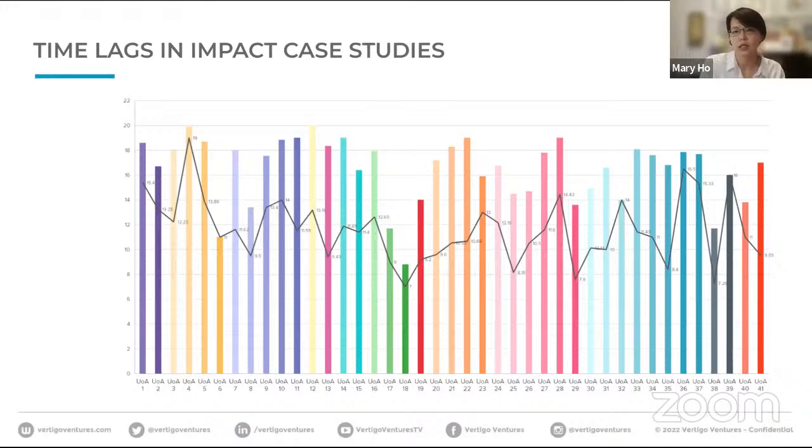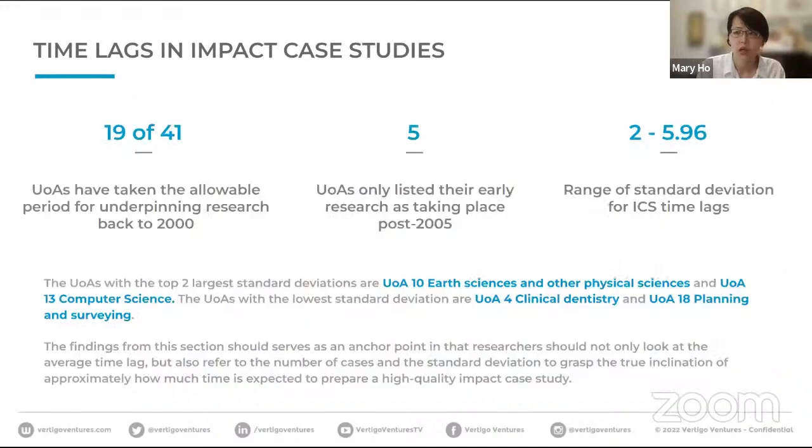Now, this basically indicates that academics in these disciplines or UOAs can expect to need at least 15 years to develop impact case studies with the potential of attaining 4-star and 3-star quality.